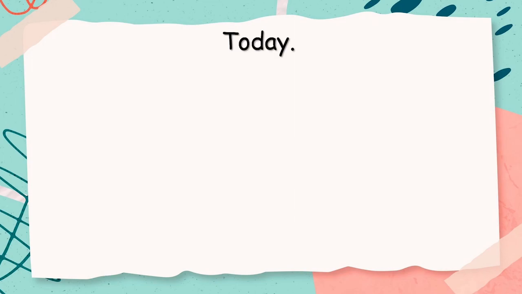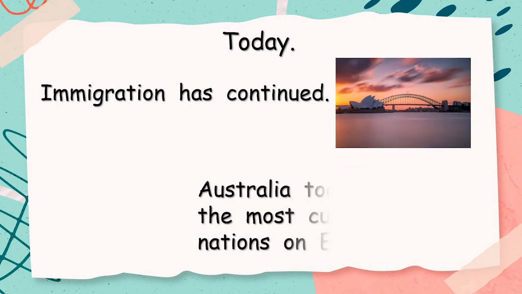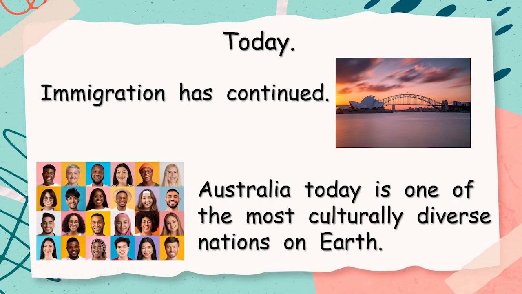What about today? Right, well, it's been another long history, hasn't it, with many changes. Immigration has continued. Australia today is one of the most culturally diverse nations on earth.